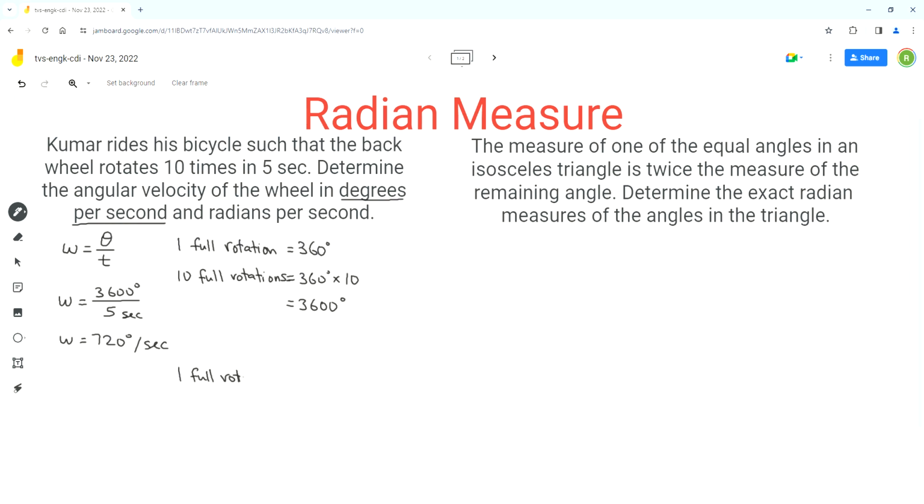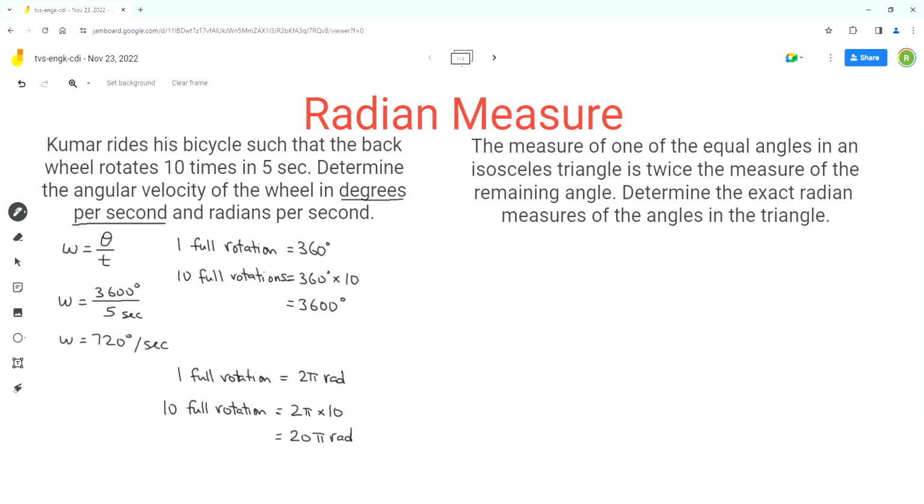of a wheel is equivalent to 2 pi radians. So for 10 full rotations, the total angle by which the wheel will rotate will be 2 pi times 10, which is equal to 20 pi radians.